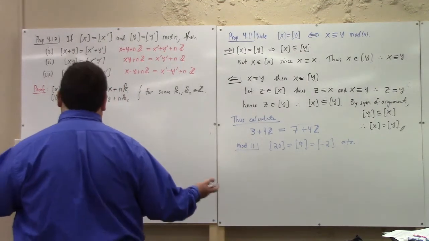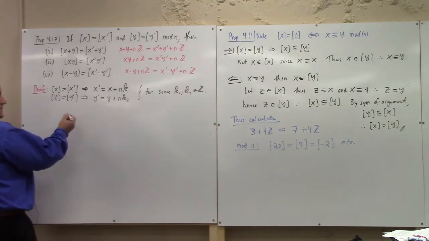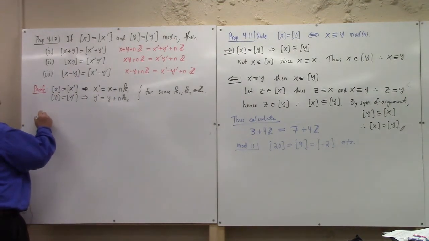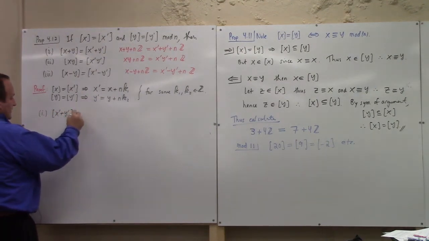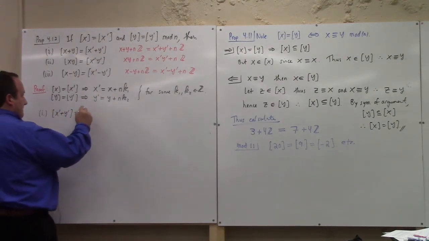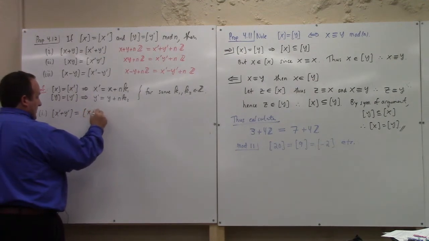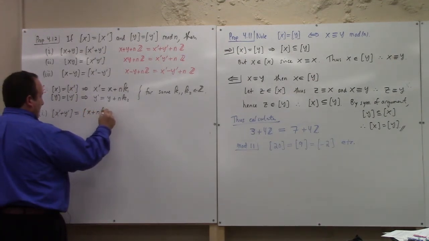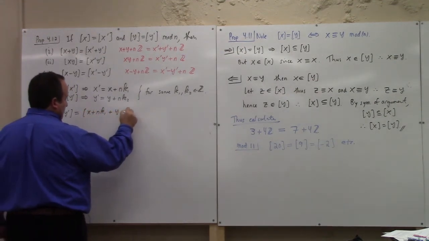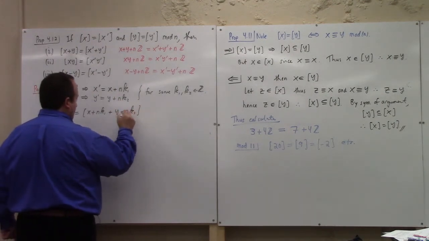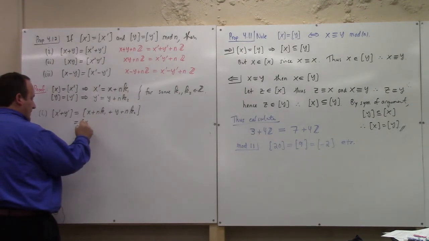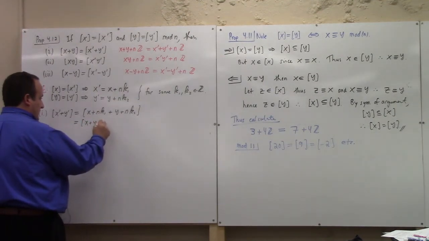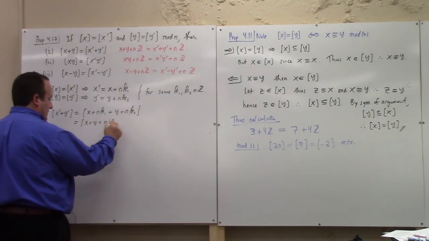All right, so let's do it. Number 1, x' plus y', what is it? It's equal to x plus nk1 plus y plus nk2, right? But that's equal to x plus y plus n times k1 plus k2, right?